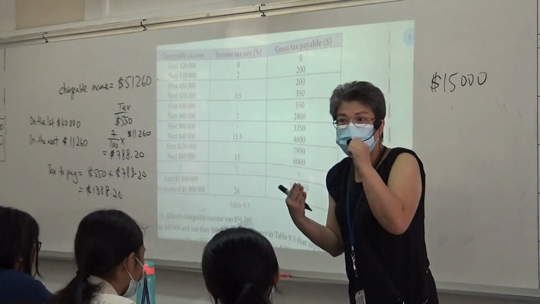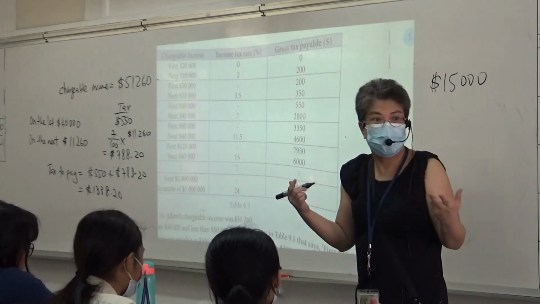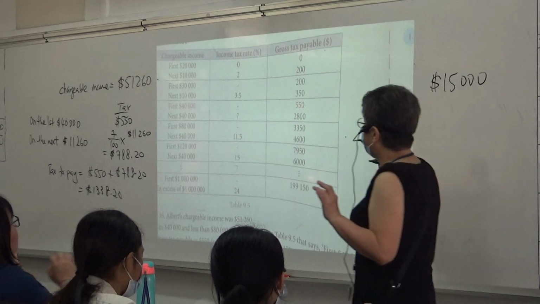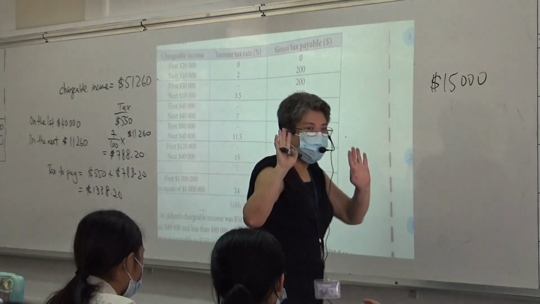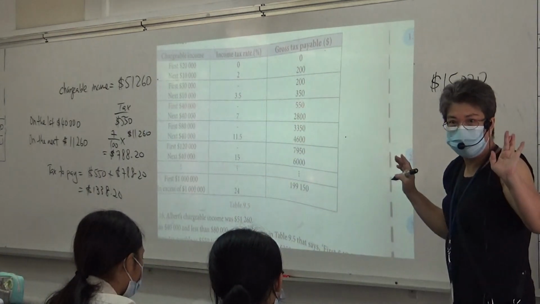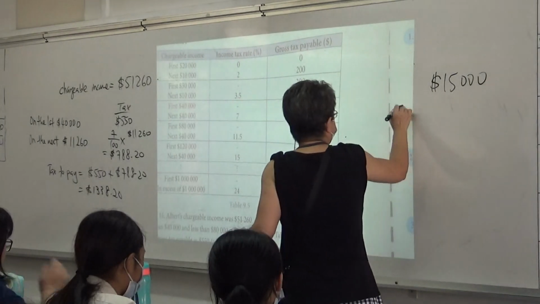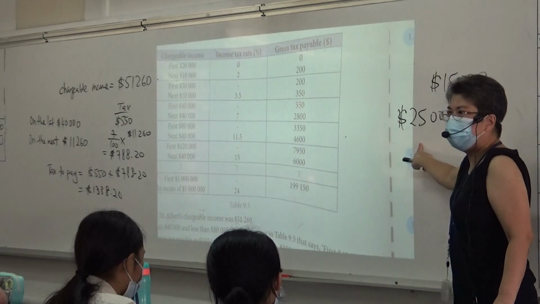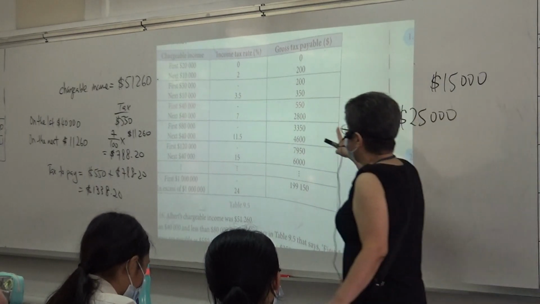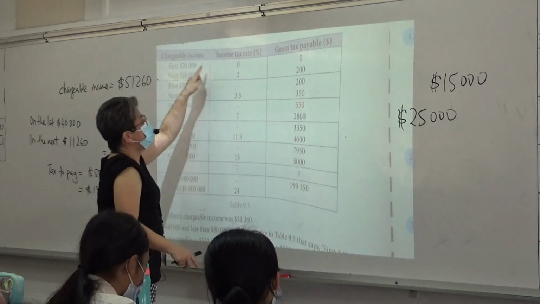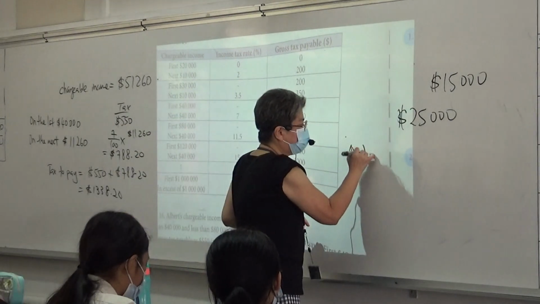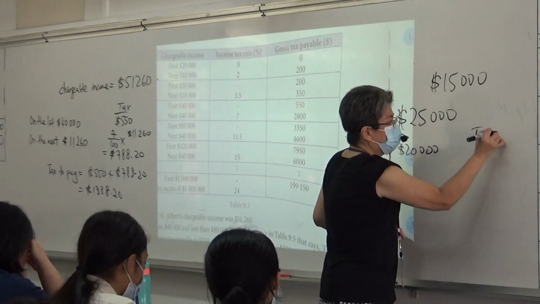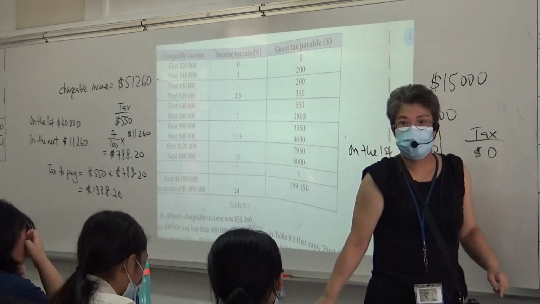Because I want to show you which one I can choose from. Yes, you don't need to pay. Now, what if this person's chargeable income is 25,000? That means the first 20,000, the tax is 0, right?